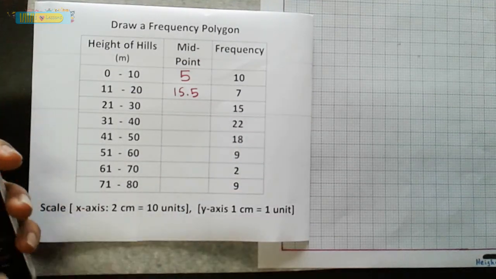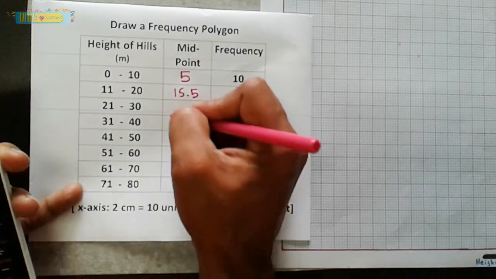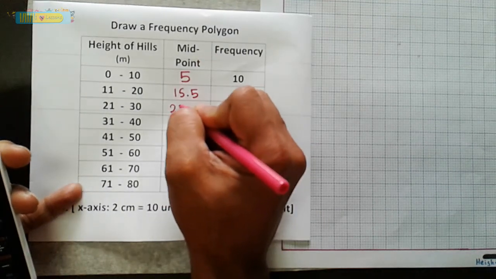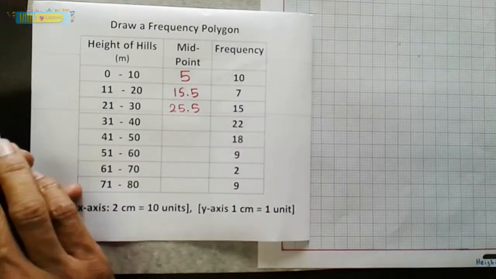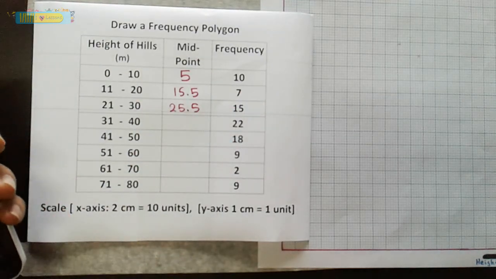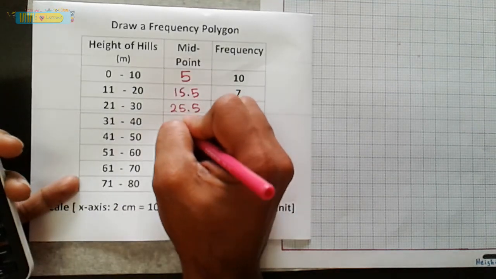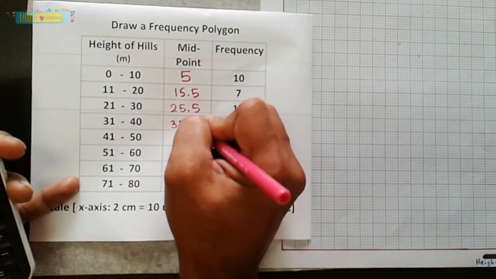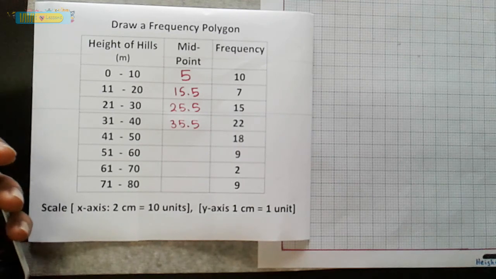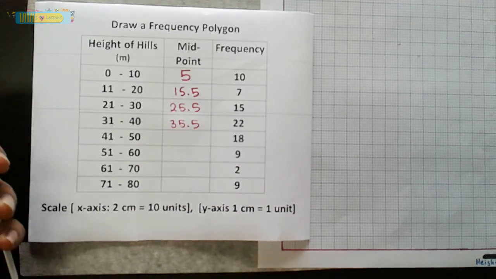Alright, and we're just going to do the same for the rest. So I'm going to hurry it down. It's not really that hard. For the midpoint here, I got 25.5. If you have a calculator on you, you could do the calculation with me, so it will stick in your head. This one I got 35.5. Next one is 41 plus 50 divided by 2.